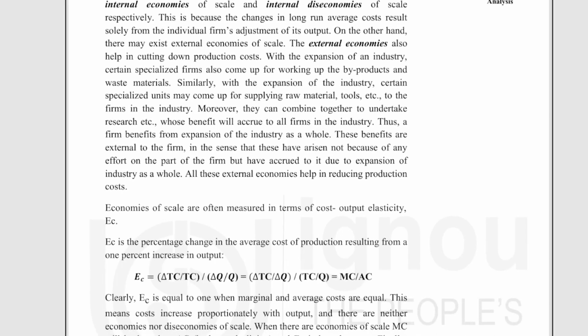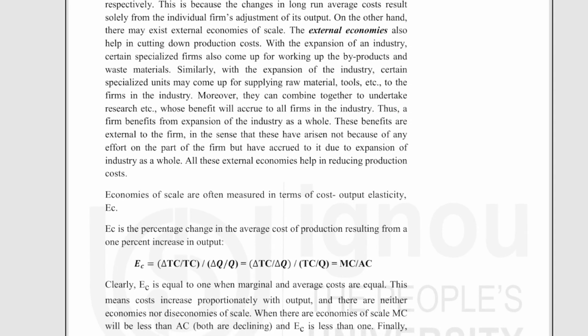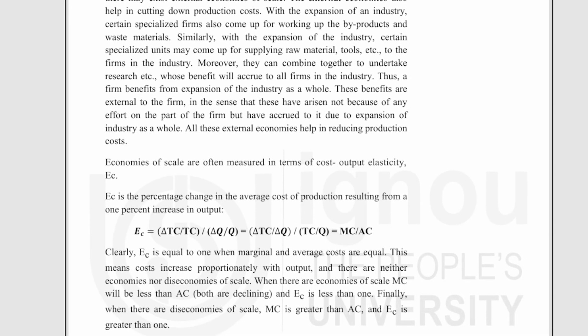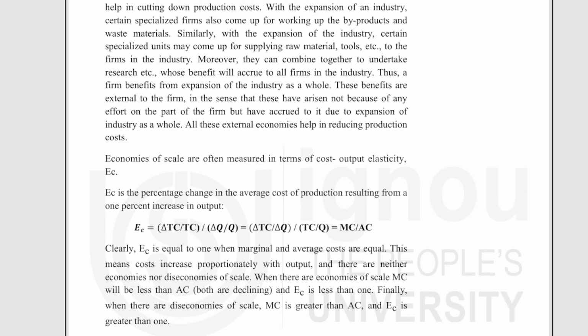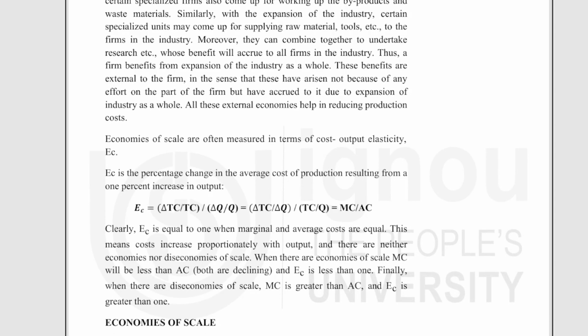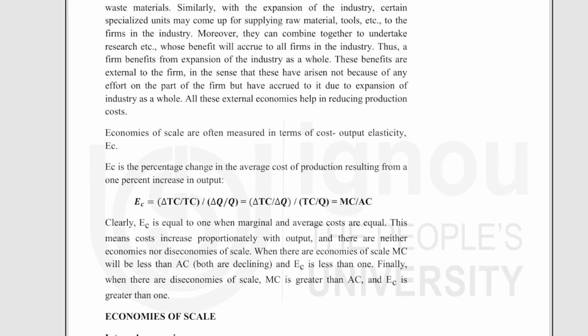With the expansion of an industry, certain specialized firms also come up for working up the byproducts and waste materials. Similarly, certain specialized units may come up for supplying raw material, tools, etc. to the firms in the industry.